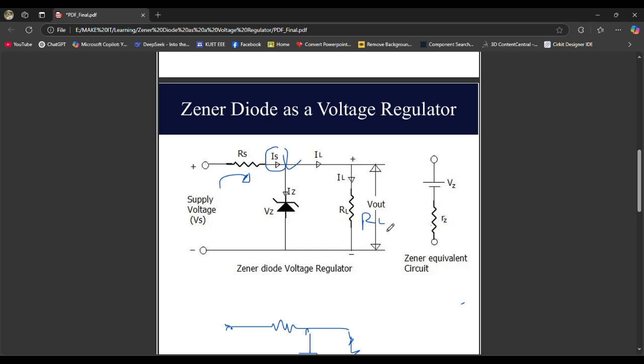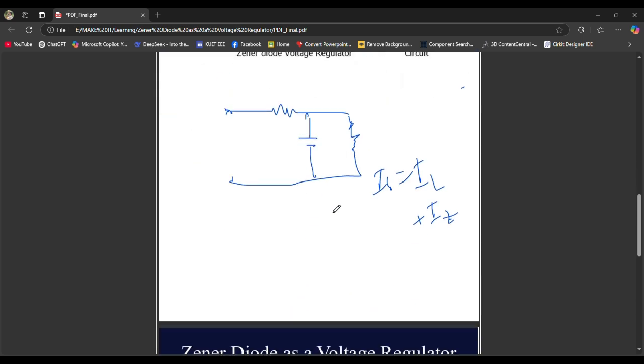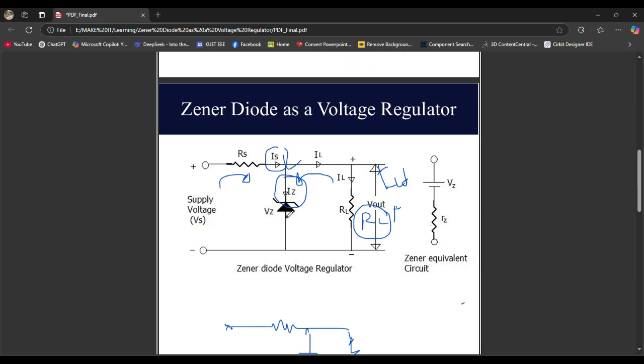So let's say if I make RL high, IL will be lower, and where does the rest of the current go, because Is is constant? The rest of the current from IL will move to Iz, in the Zener branch. So varying this load resistance will vary Iz indirectly. Let's say if I make RL lower, then IL will be at its higher position.